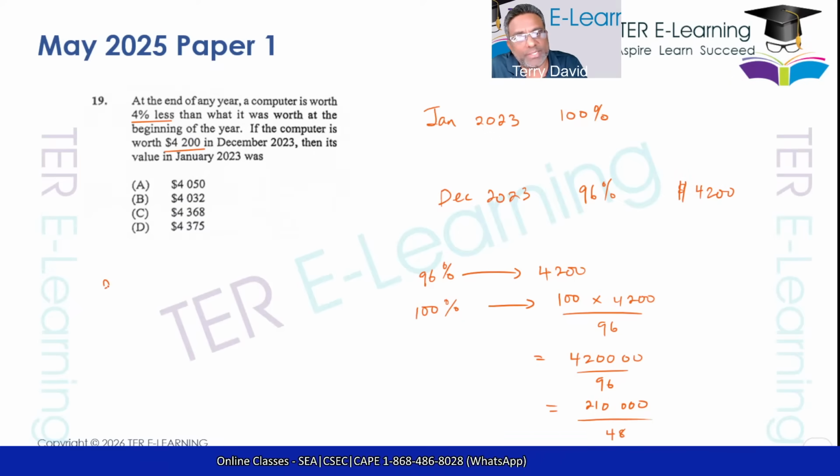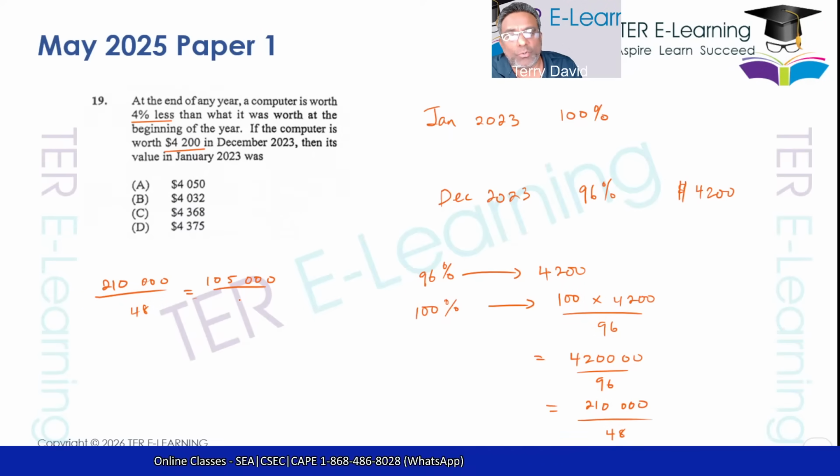So what we can do, we can keep reducing, right? Until we see something that we can actually perform this division with here, okay? So in this case here, we could continue reducing here. This will be 105,000 all over 24, right? And then we're gonna have to start dividing, right?